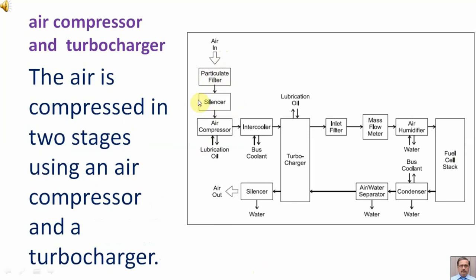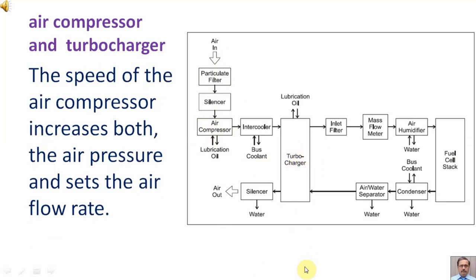Air compressor and turbocharger. The air is compressed in two stages using an air compressor and a turbocharger. The speed of the air compressor increases the air pressure and sets the airflow rate.